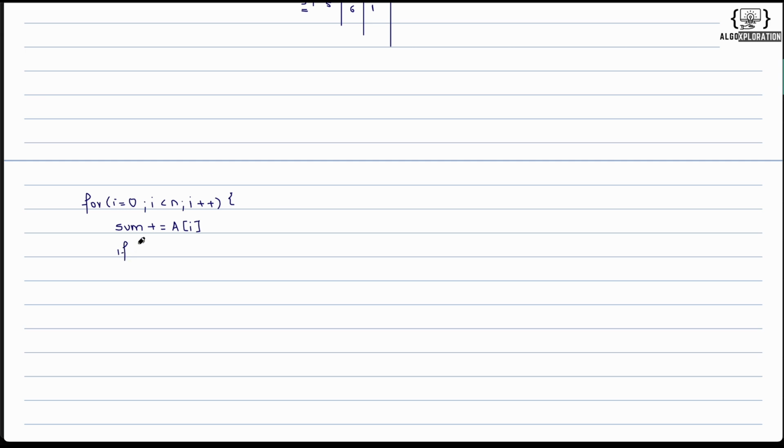If the sum is less than 0, then reassign the sum to 0. If sum is greater than answer, then update the answer. And that's it, we are done. So this is what Kadane's algorithm says.